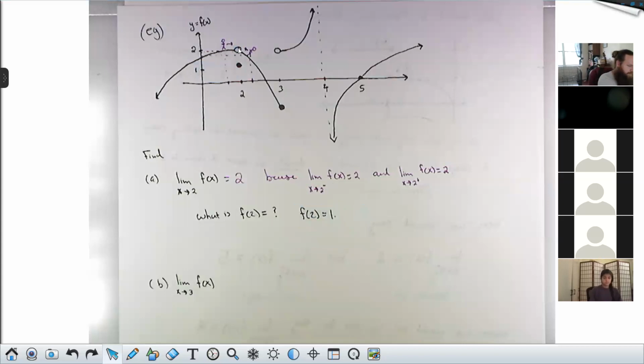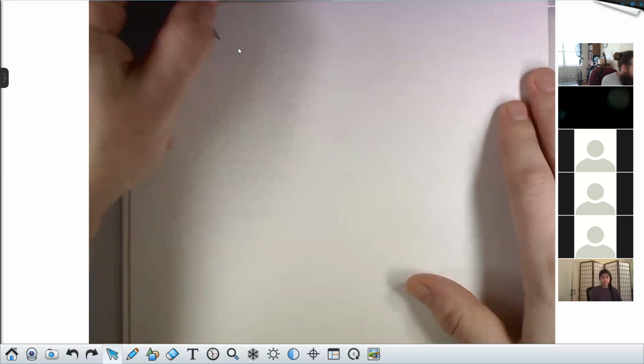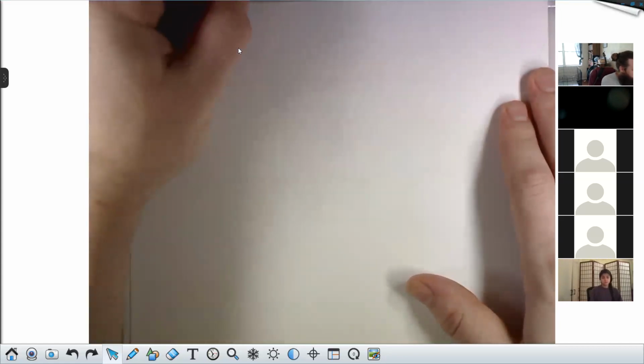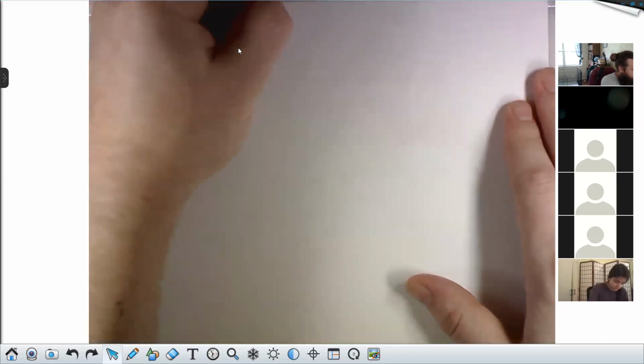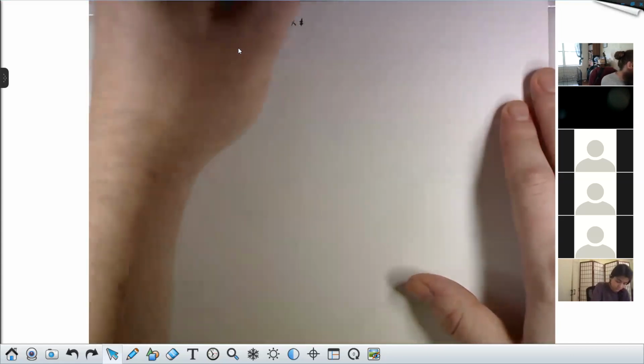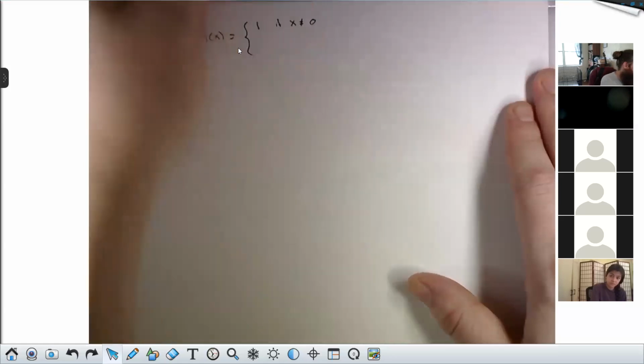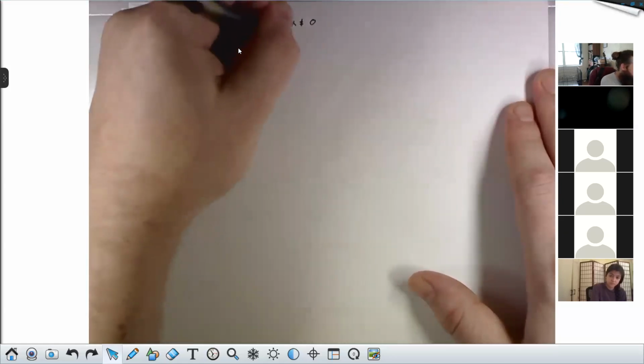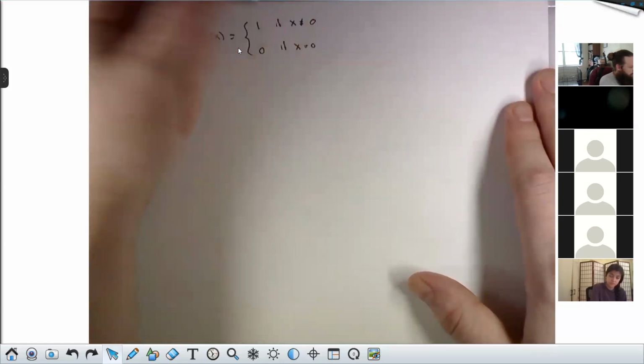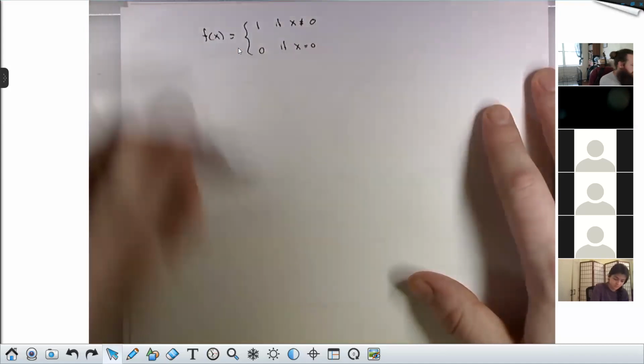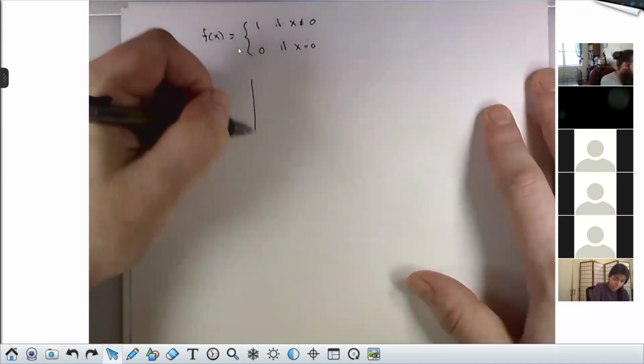So let me draw another picture here. I can make this really concrete. Consider the following function. The graph of this function looks like this.